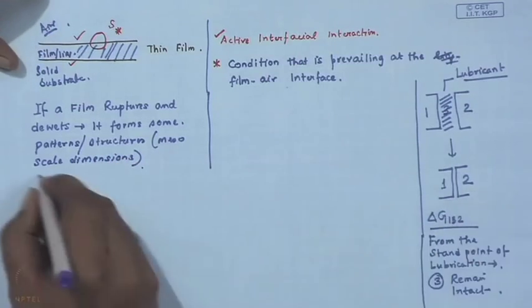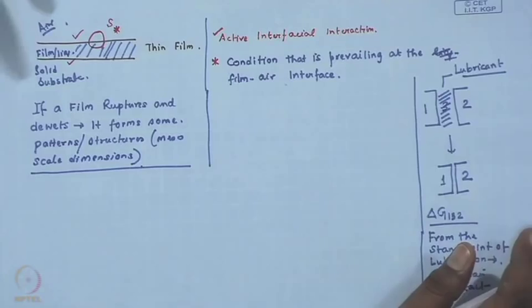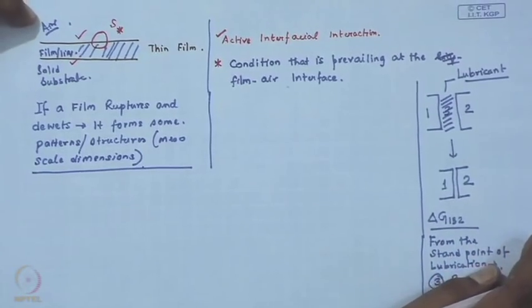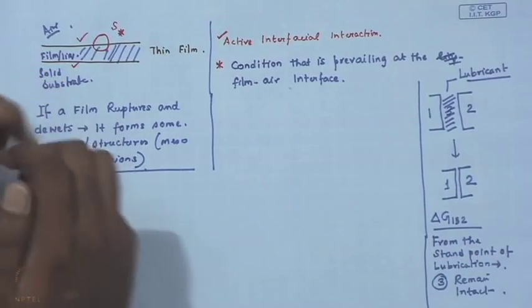So, one of the approaches we will see is to use instability as a viable patterning technique.